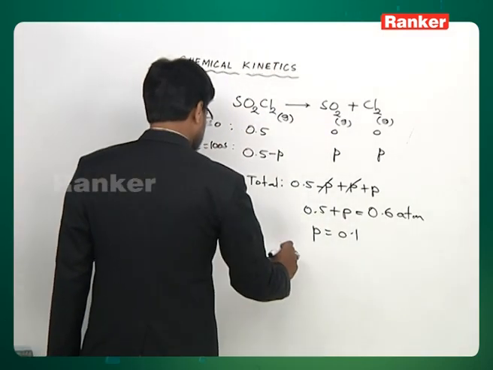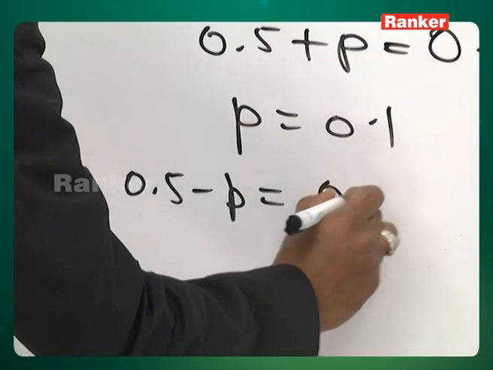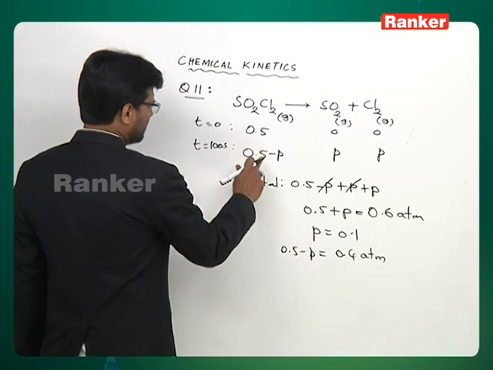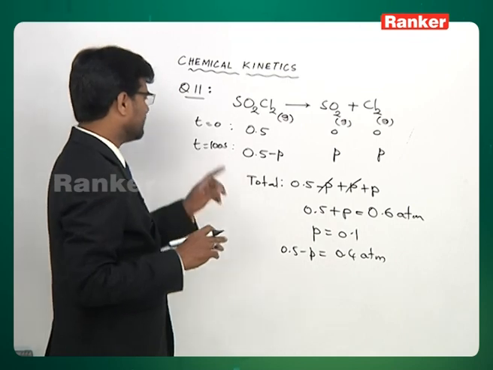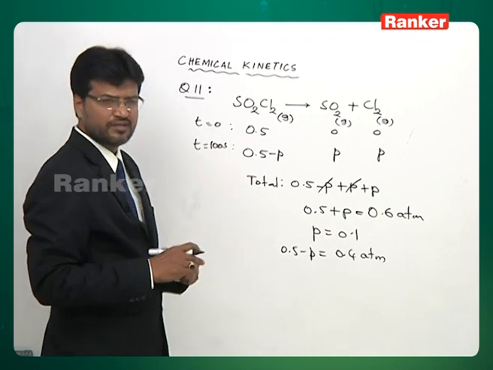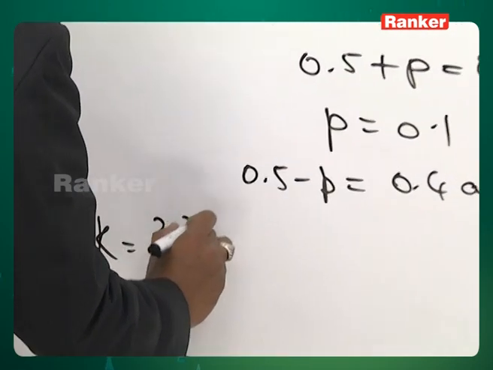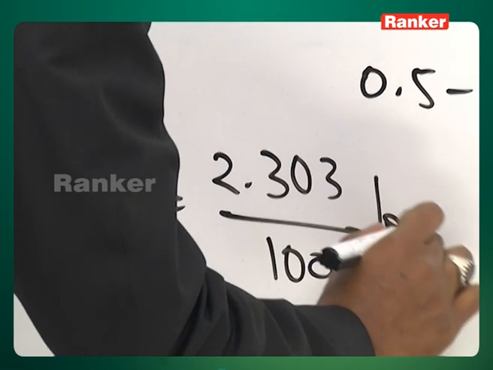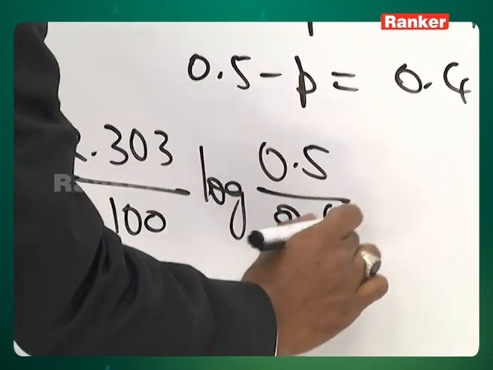So 0.5 minus P is equal to 0.4 atmospheres. Now taking this as initial amount and taking this 0.5 minus P as the amount left out after 100 seconds, you can find out the rate constant. So K equals to 2.303 by 100 log of 0.5 by 0.4.